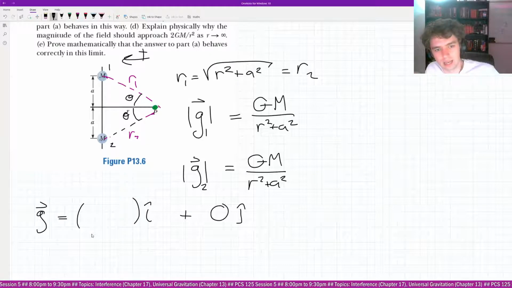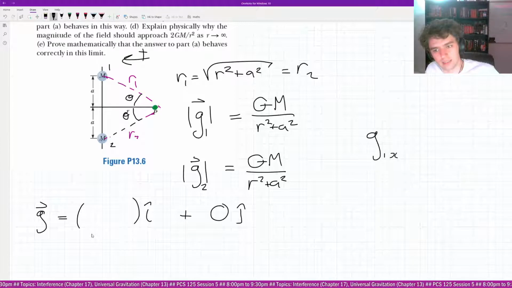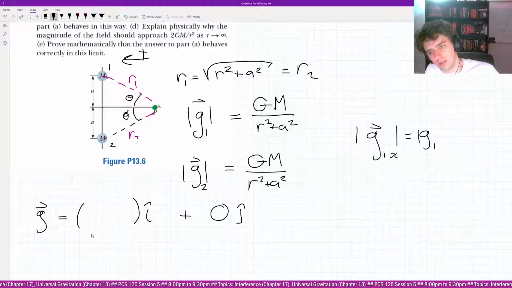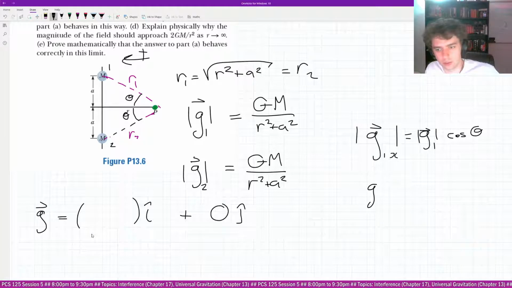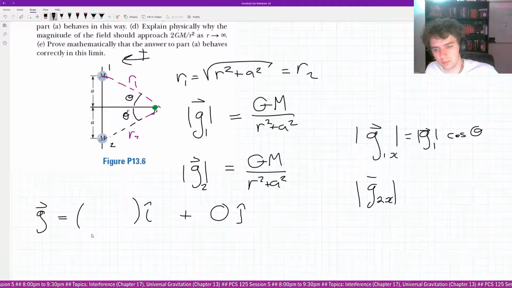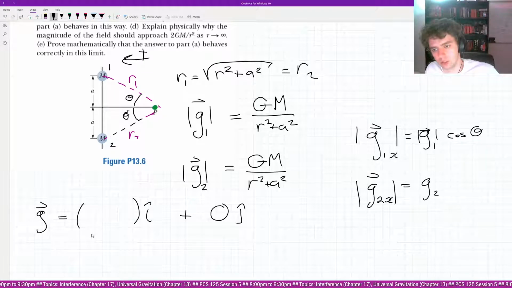The magnitude of G1x is G1 cos theta, which is true as well for G2x, which is G2 cos theta.